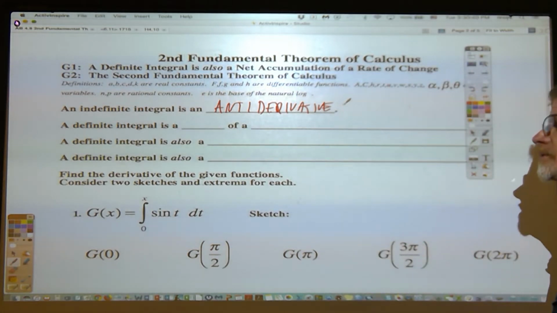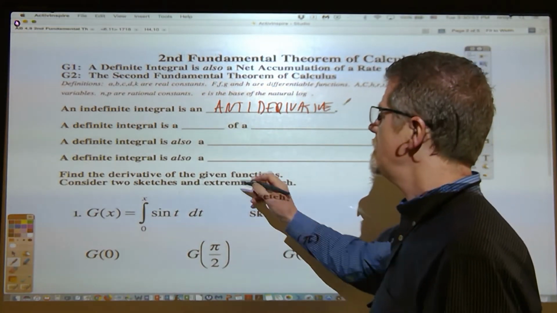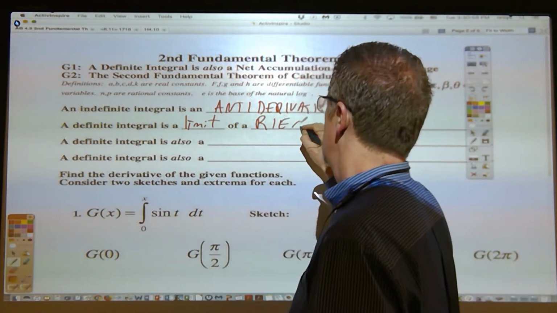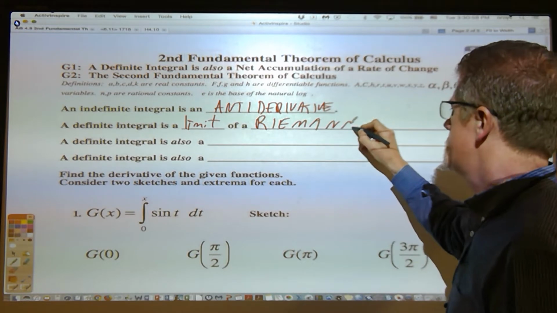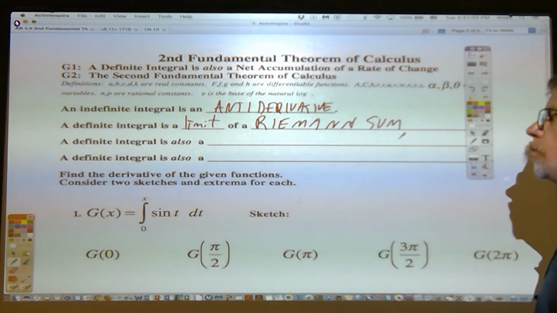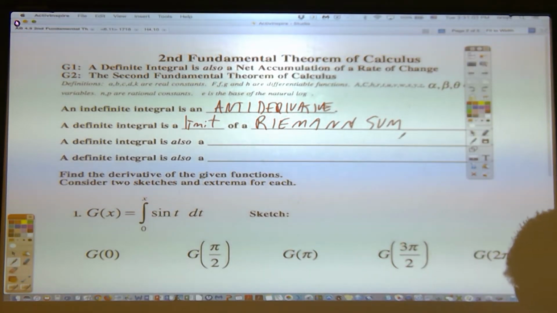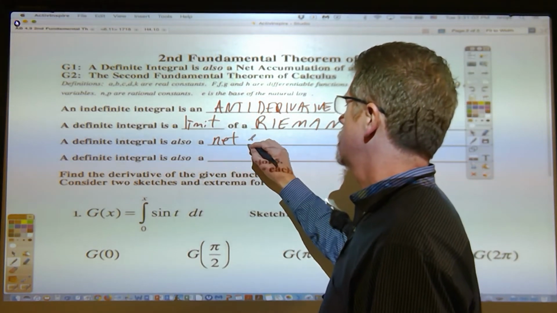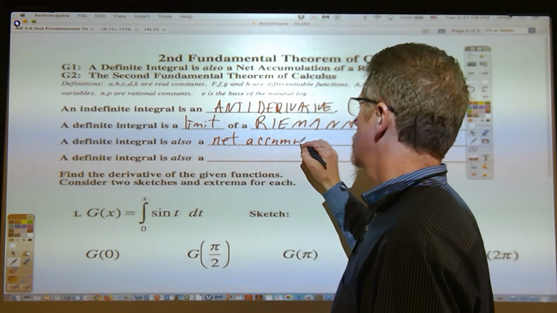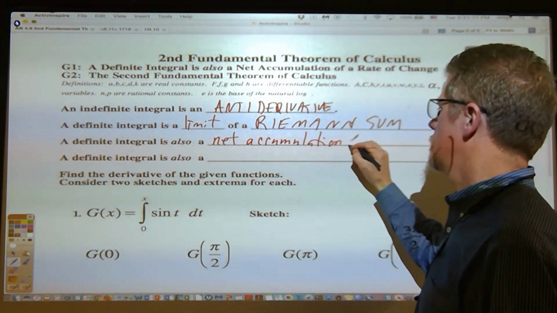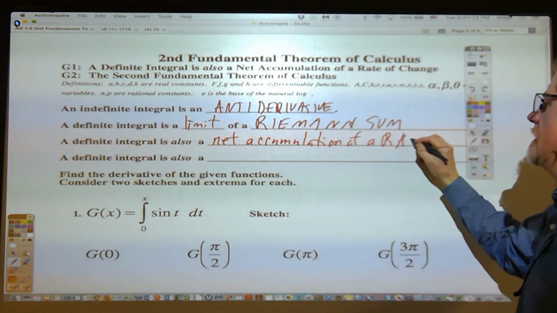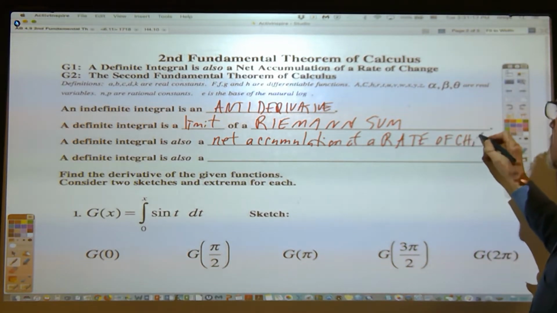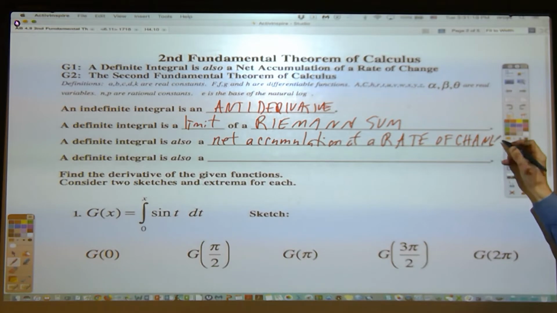A definite integral can be thought of as a limit of a Riemann sum, or it can also be thought of as a net accumulation of a rate of change, just like velocity is a rate of change in position.